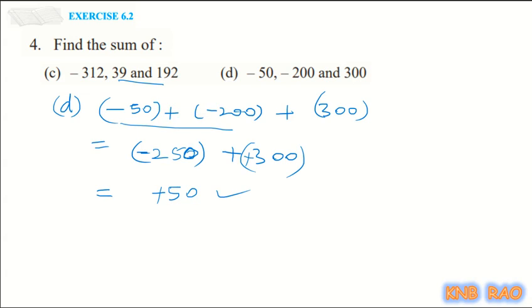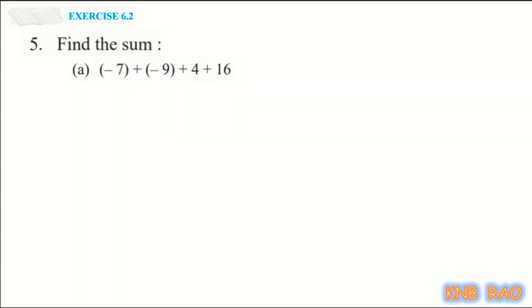Then coming to the next question, question 5, sub question A. Here we have two negative numbers, we will add them first, then we have two positive numbers, and we add them separately. So, the sum of negative numbers gives minus 16 and the sum of positive numbers gives plus 20.